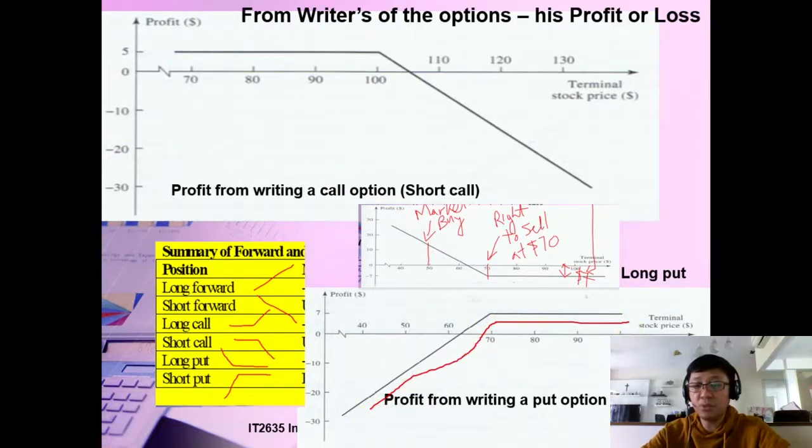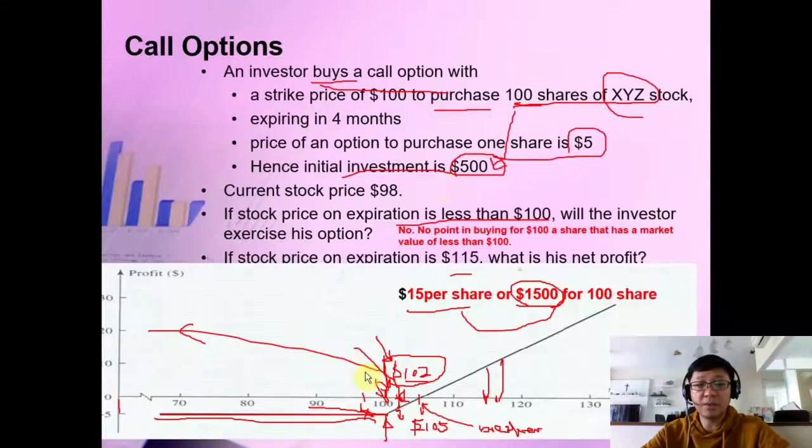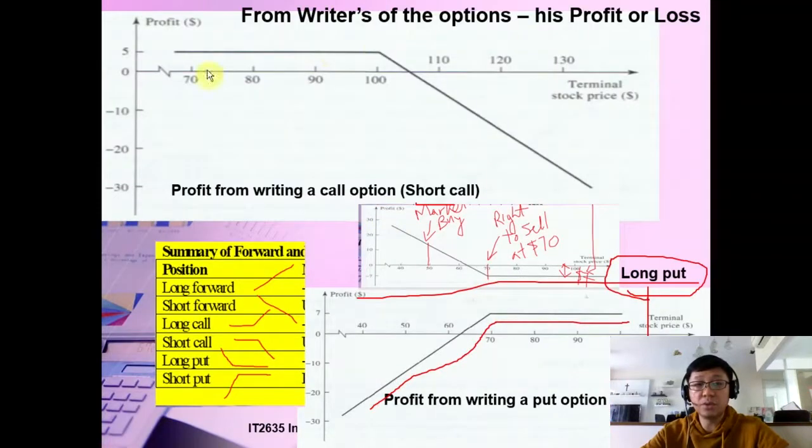This is the short put. So just now we talked about the long put. The short put will be the mirror image. So this is about the short call, which is the much earlier example. This is the long call. The short call will look something like this.